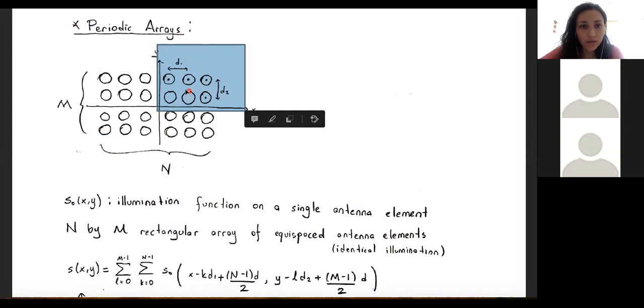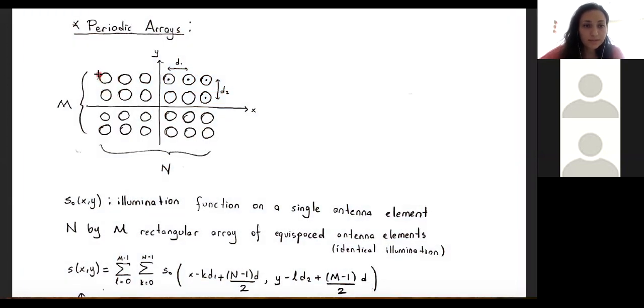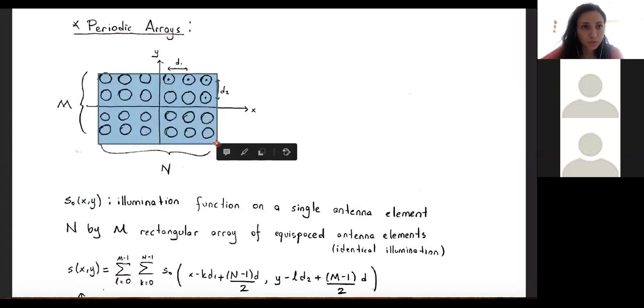Okay, that requires shifting it by half of its length, which is (N minus 1) d1 divided by 2 and (M minus 1) d2 divided by 2. Okay, if we do that, then we are going to get this support. So that's going to be the relationship of S0 with the overall illumination function.